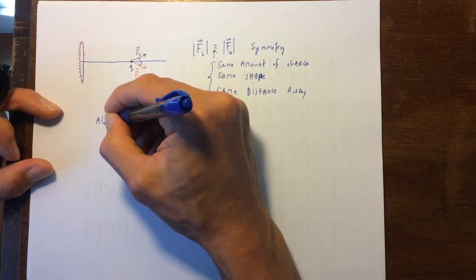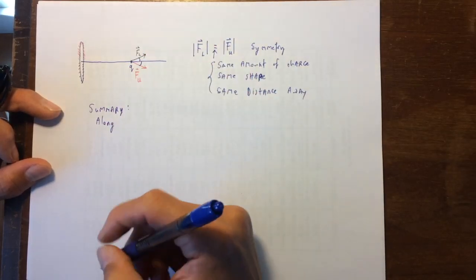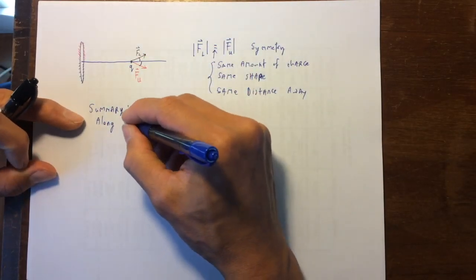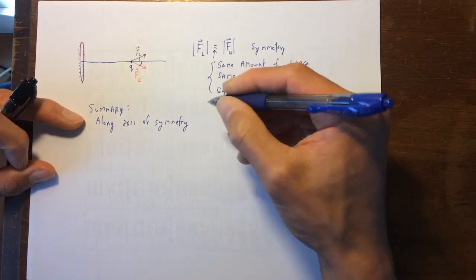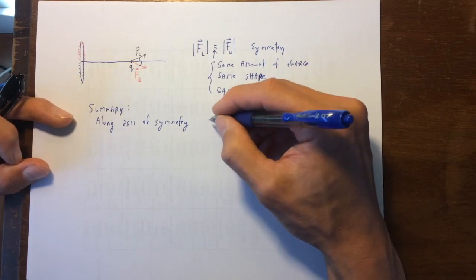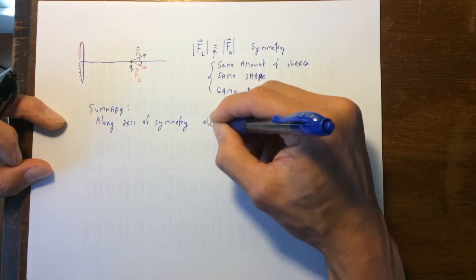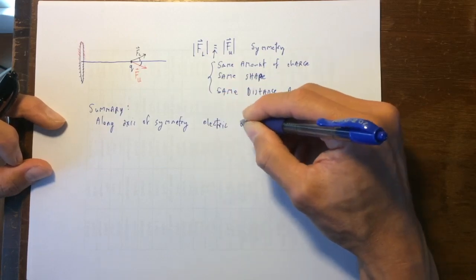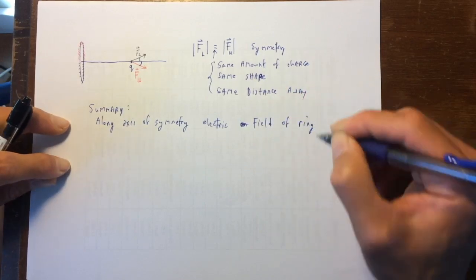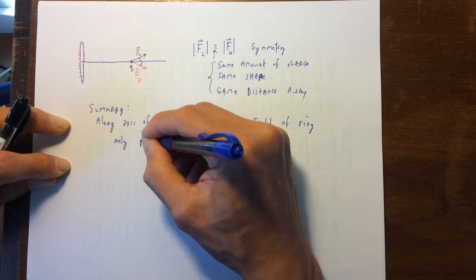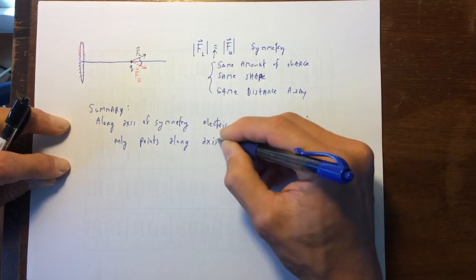So what we summarize at the summary that we just explored is along the axis of symmetry, I hope you can see this, the electric field of the ring only points along the axis.